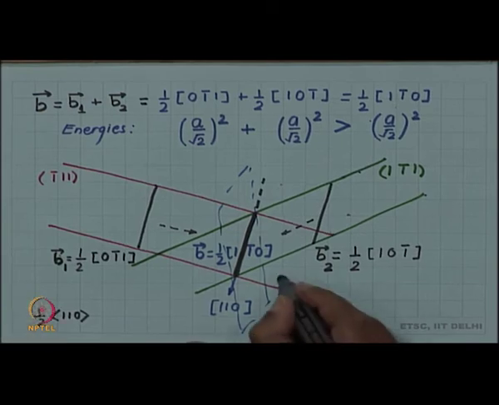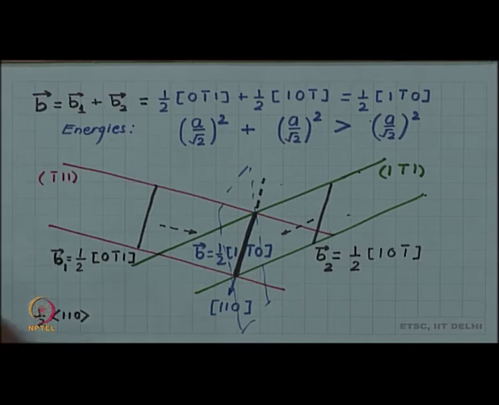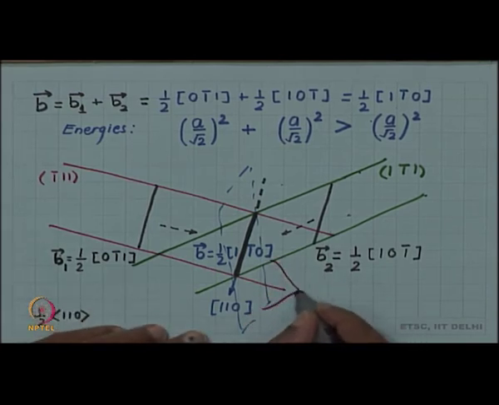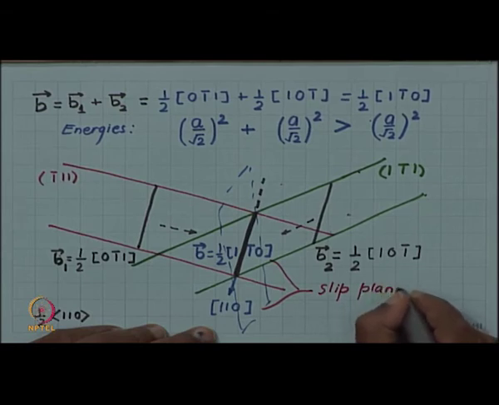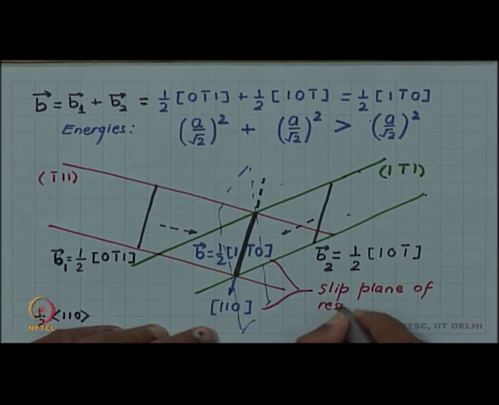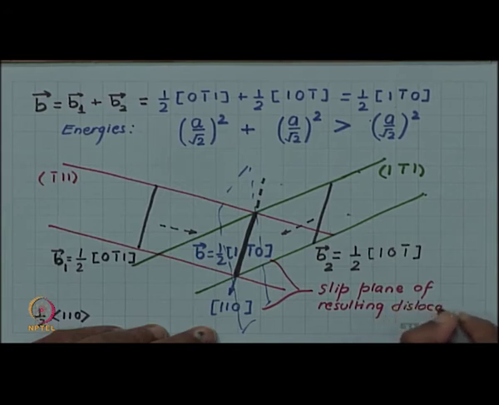So, using the Weiss zone law, you can find the common plane for these two. So, the slip plane of this resulting dislocation is 0 0 1.